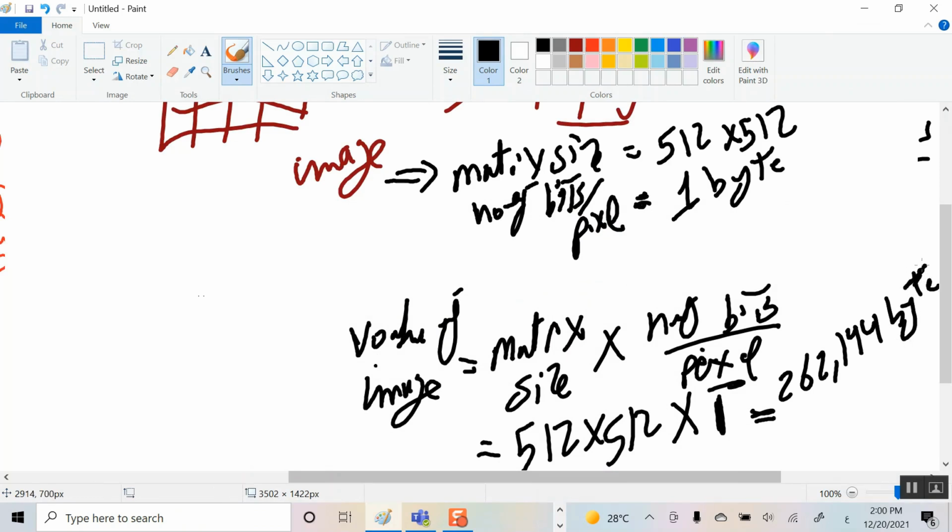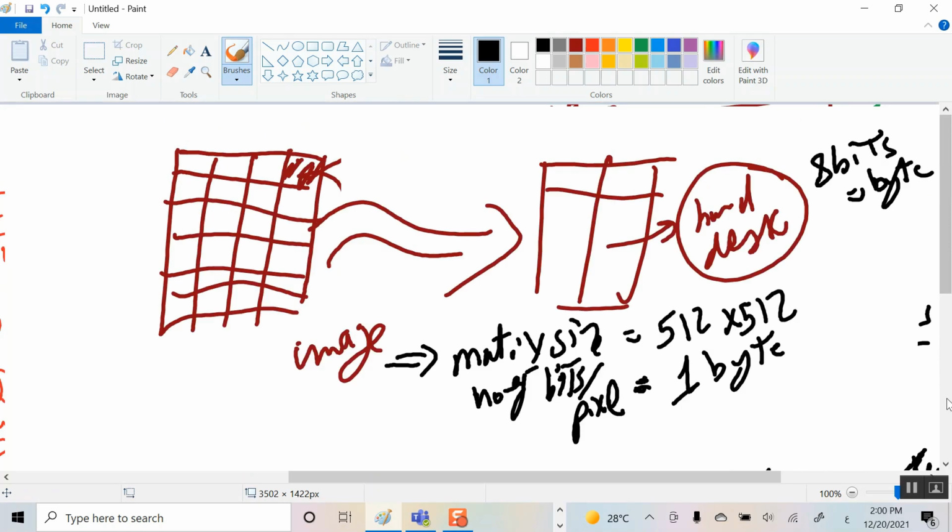If you want to convert it to kilobytes, you would divide this value by 1000, which equals 262.144 kilobytes. So this image has a size of 262 kilobytes.